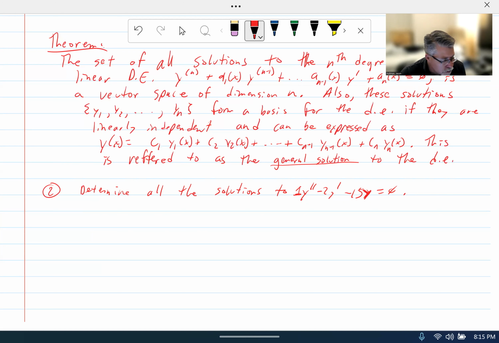The solutions to this differential equation are of the form y equals e to the rx, where r is a constant.